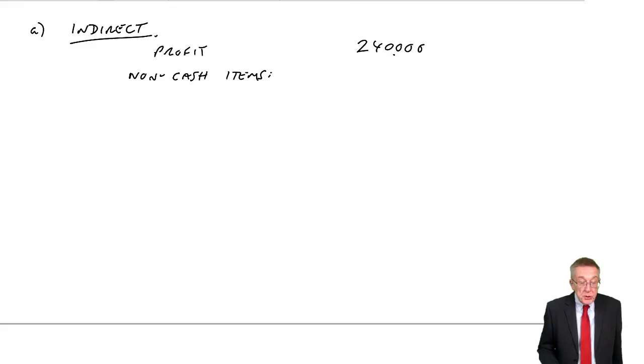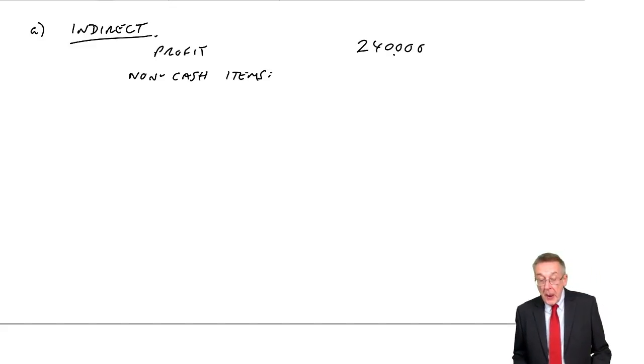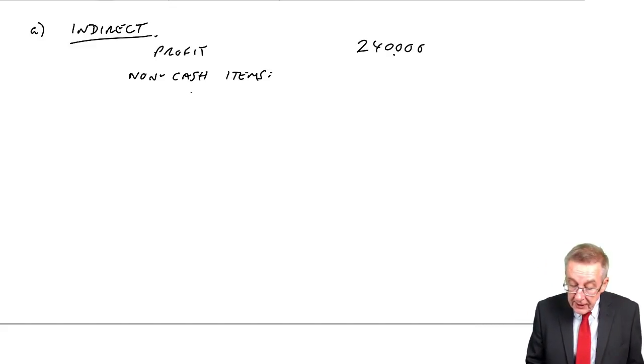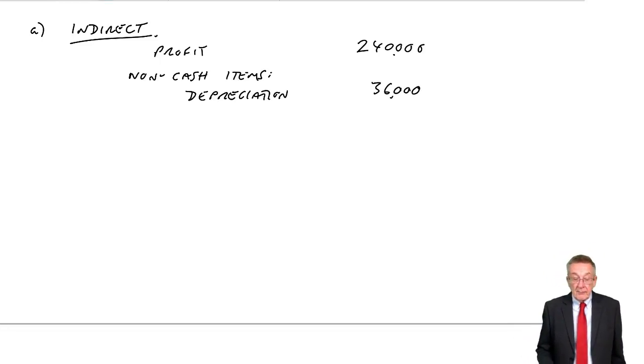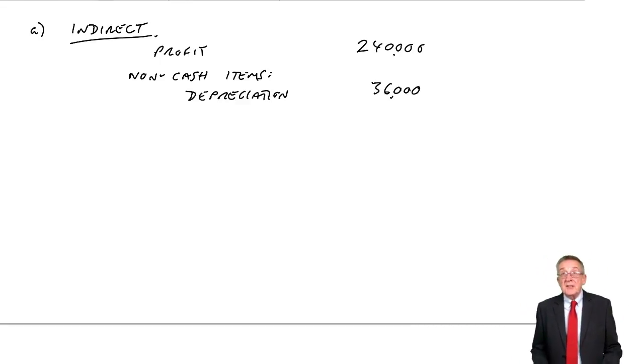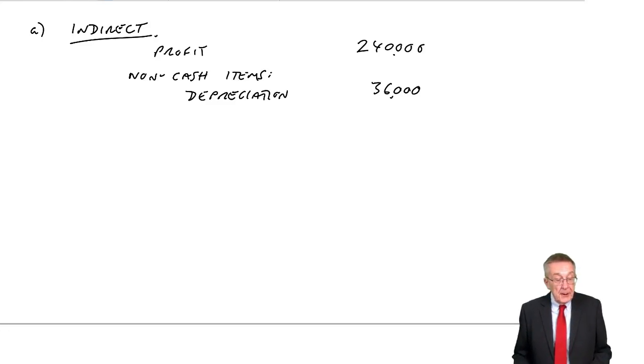and if you look at note 1, expenses included depreciation. So that profit is after depreciation, which is non-cash. We add it back, and the depreciation was 36,000. And as I said in the last lecture, the only other one you're going to see is any profit or loss on sale of non-current assets.